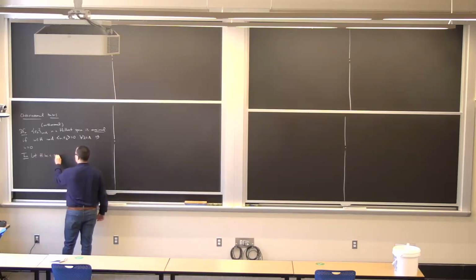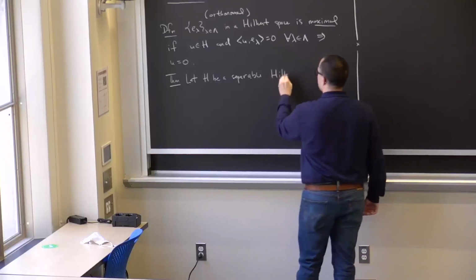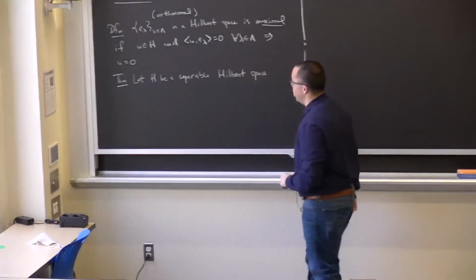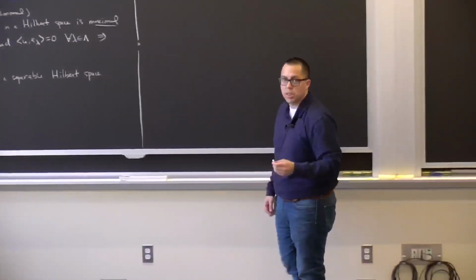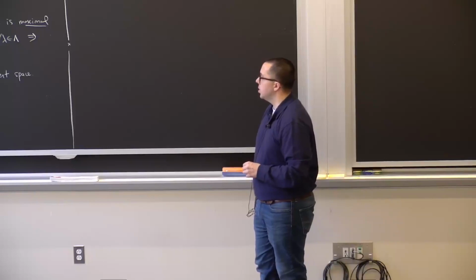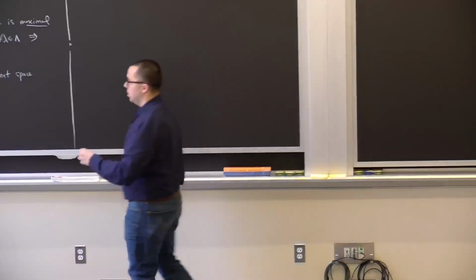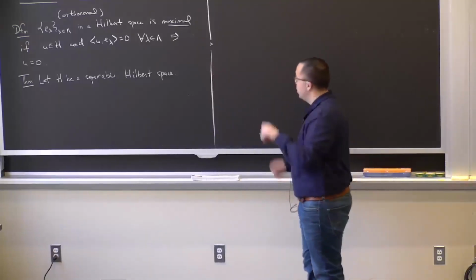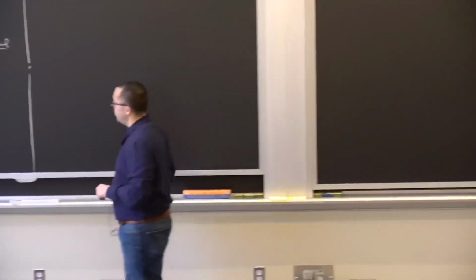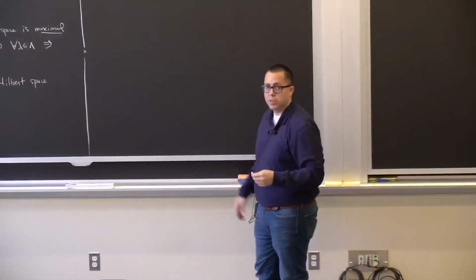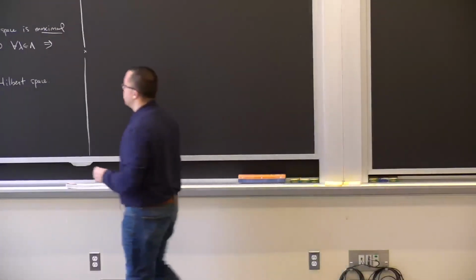Let H be a separable Hilbert space, meaning it has a countable dense subset. I think all of the Hilbert spaces you come into contact with are separable: C^n, R^n, also little l^2. Big L^2, this is what you're doing in the assignment, that's also separable.